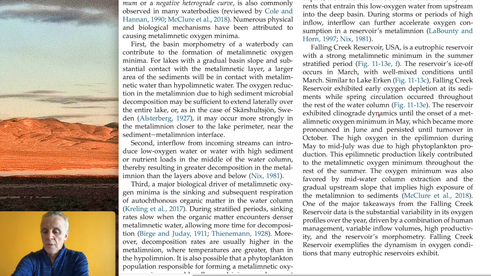One of the major takeaways from the Falling Creek Reservoir data is the substantial variability in its oxygen profile over the year, driven by a combination of human management, variable inflow volumes, high productivity, and the reservoir morphometry. Falling Creek Reservoir exemplifies the dynamism in oxygen conditions that many eutrophic reservoirs exhibit.